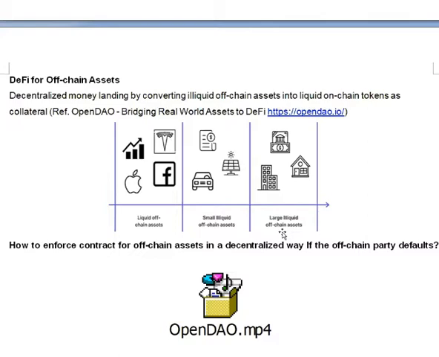So here is the blockchain DeFi guys want to use off-chain, and then a lot of the digital assets you tokenize, like digital collectibles, digital art, NFTs. They are all on-chain assets, but actually you can tokenize other real-life off-chain assets, for example, an invoice contract.